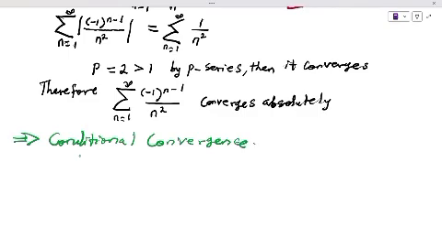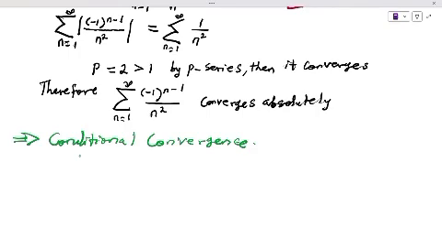So an infinite series converges conditionally if the series A sub n converges, but the absolute value diverges. All right, so that is the condition. Let me write that down as the definition for conditional convergence.